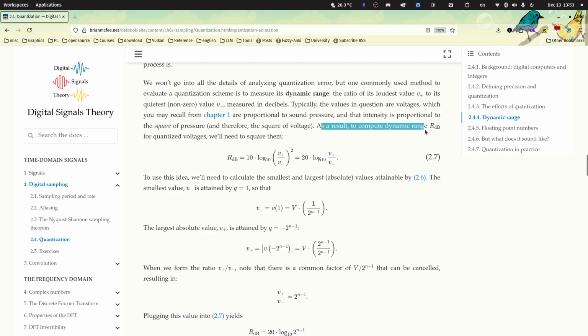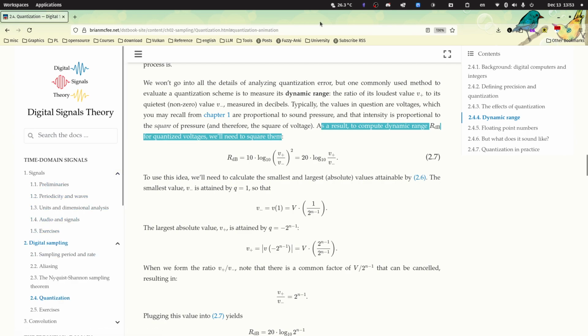So to compute dynamic range for quantized voltage, we need to square them. I guess I need to revisit this part to understand more, but I can understand this part.